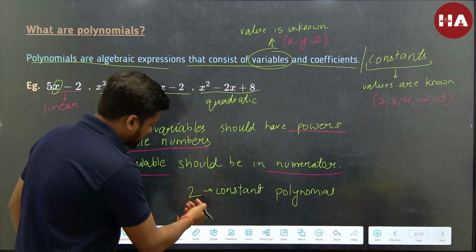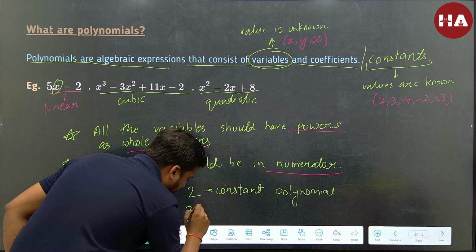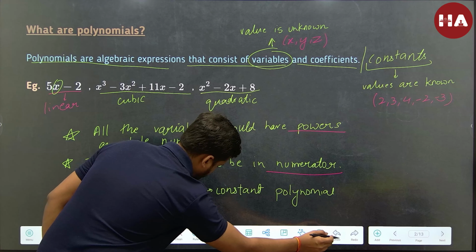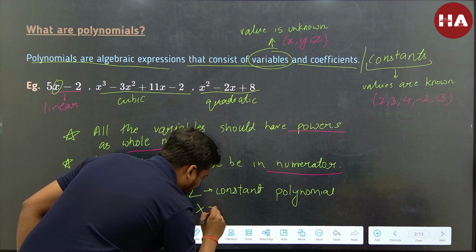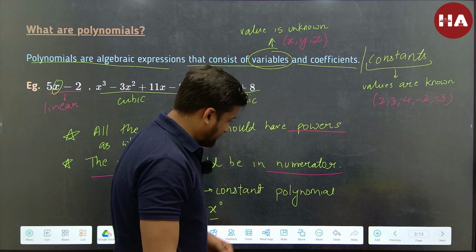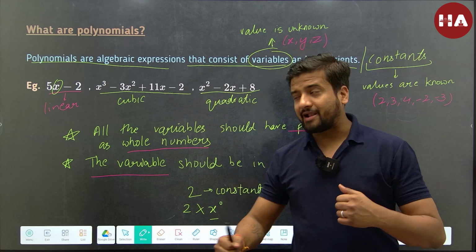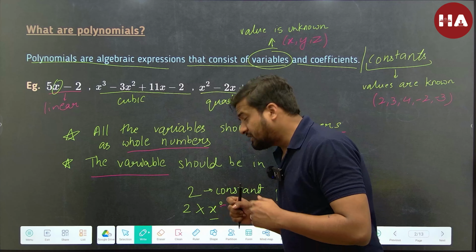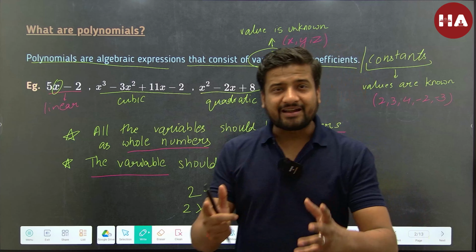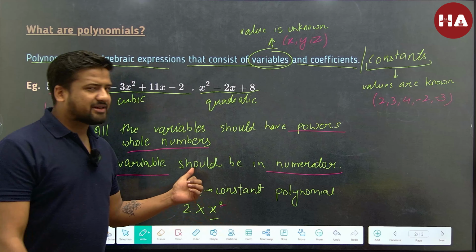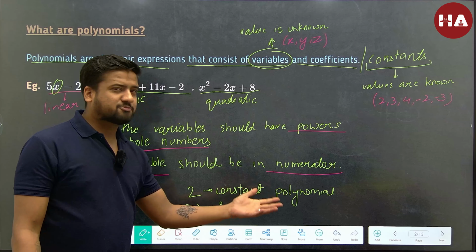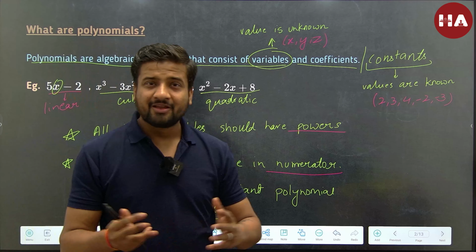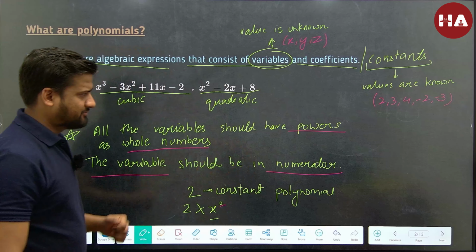It does. 2 can be written as 2 times x raised to the power 0. See, now we have a variable and the power of the variable is a whole number. That's why 2 is a polynomial, because it has a variable whose power is 0. Alright, please note it down.